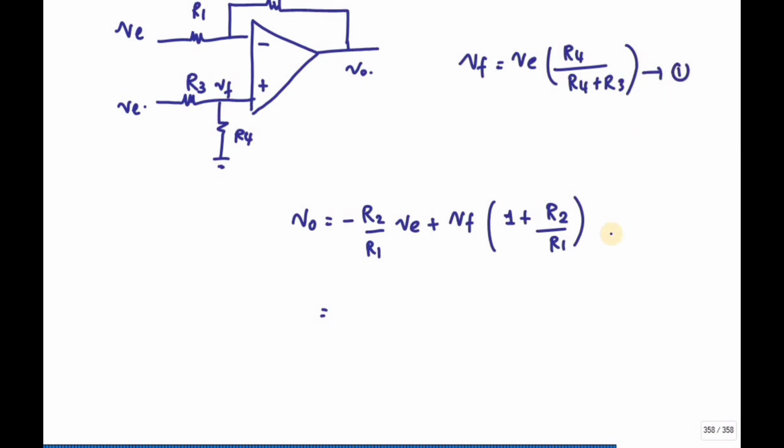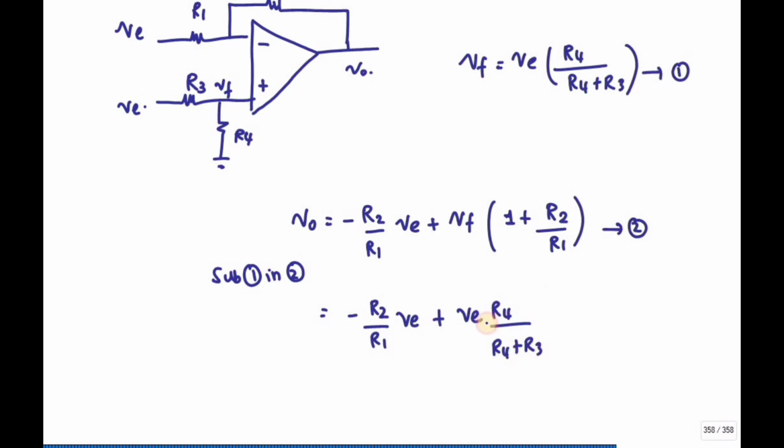This is my first equation, this is my second equation. Substituting the first equation into the second, we get minus R2 divided by R1 VE plus VE into R4 divided by R4 plus R3 into 1 plus R2 divided by R1.